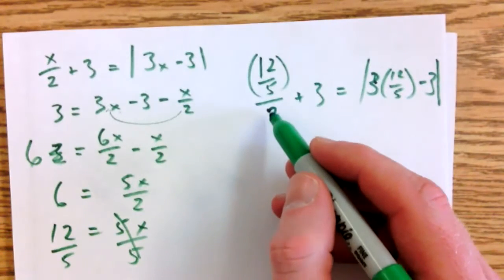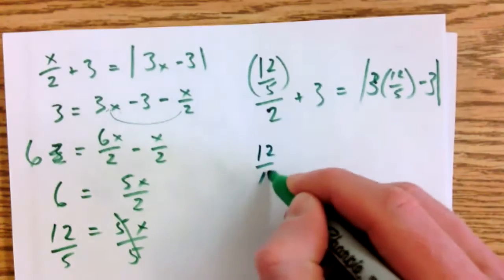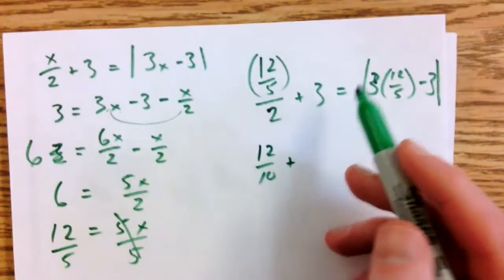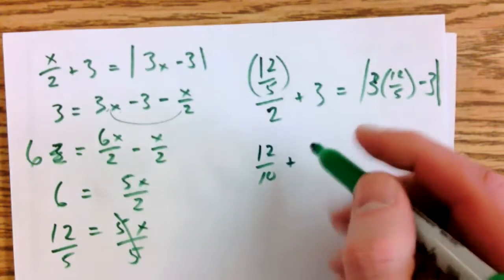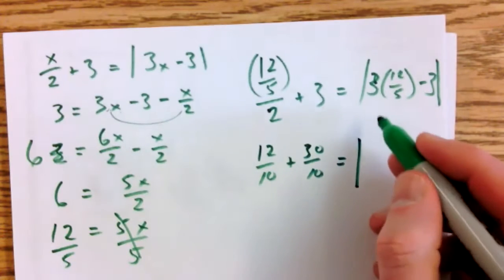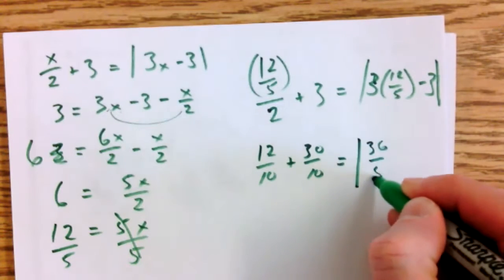This is 2 over 1, 1 over 2 is 12 over 10. So 12 over 10 plus, and if I want to be able to add 3 to this, I'm going to put this over 10. So that'll be 30 over 10 equals the absolute value of 36 over 5.